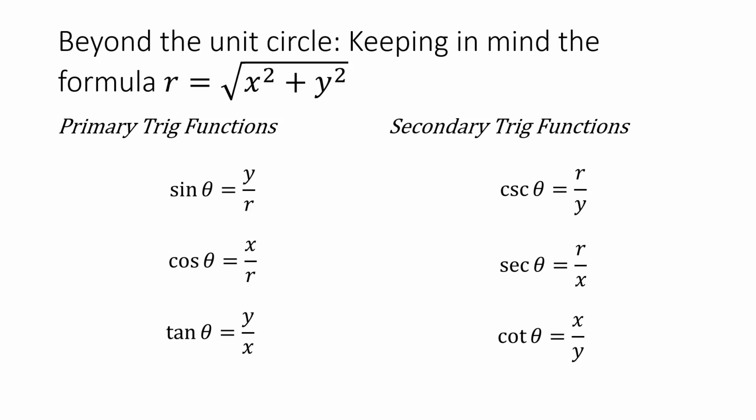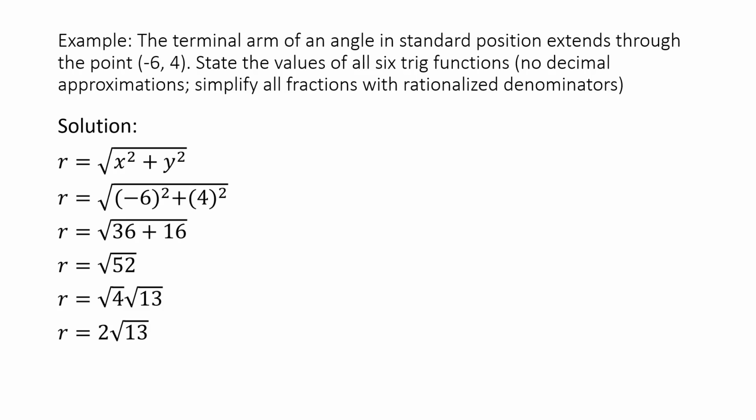These are our formulas for our six trig functions when the radius is not 1. We can say sine theta equals y over r, cos theta equals x over r, tan theta still equals y over x, and we have formulas for our secondary trig functions on the right-hand side.